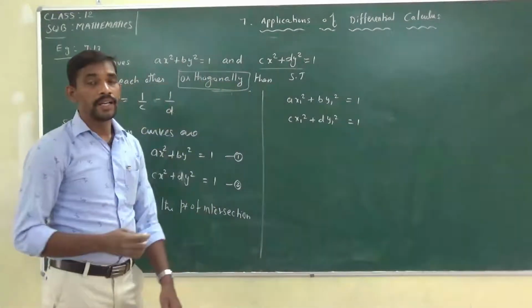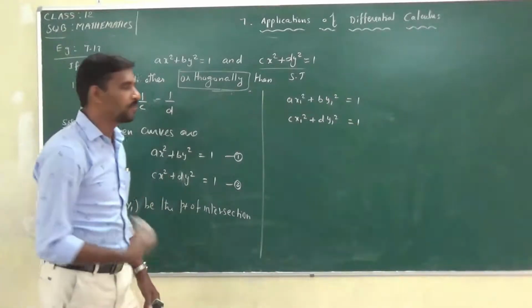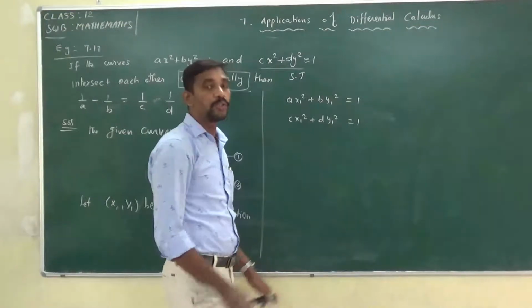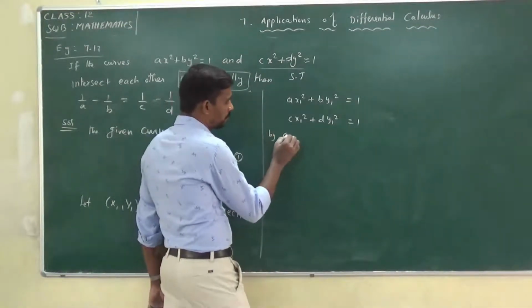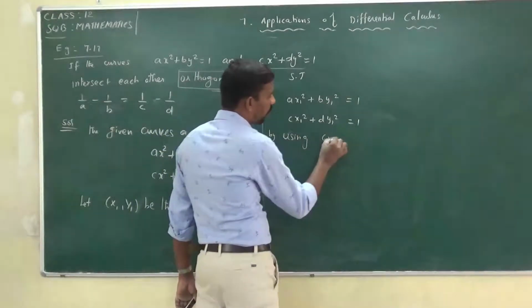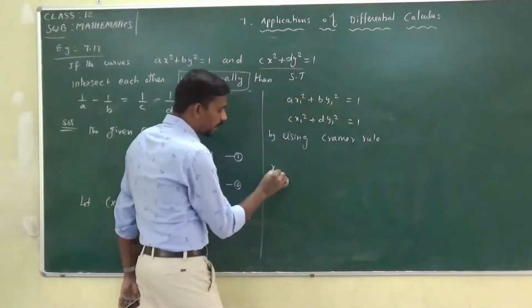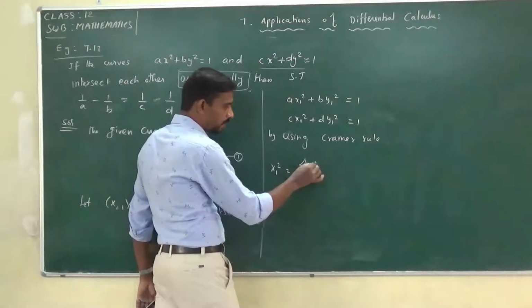Now, instead of finding x1, y1, it is easier to find x1 square and y1 square using Cramer's rule. By using Cramer's rule, we can find x1 square. x1 square is delta x1 square divided by delta.